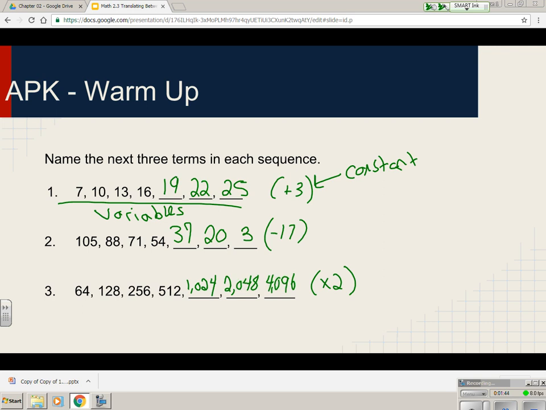So whatever it was, the expression would be n plus 3, n minus 17, and 2n, or n times 2. All those would tell us what to do. If we put in any of the numbers before it, and then added or subtracted as it said, you could get it. And that's what we're going to work on today. We're going to be working on trying to translate between tables and expressions, trying to solve different things that we see. Let's get started.